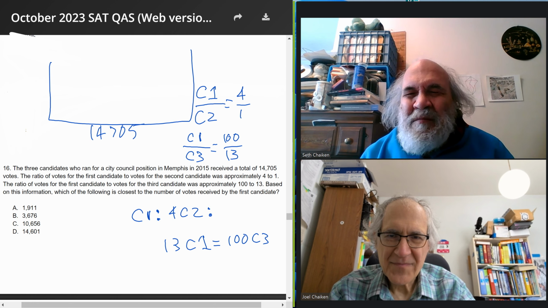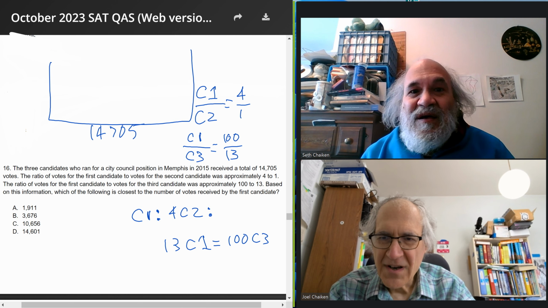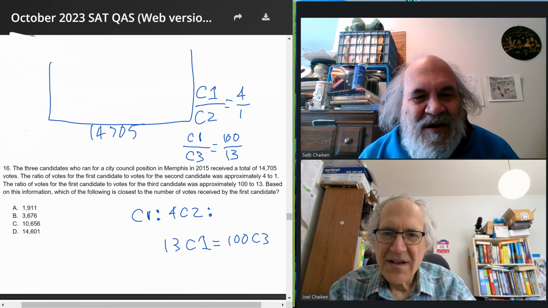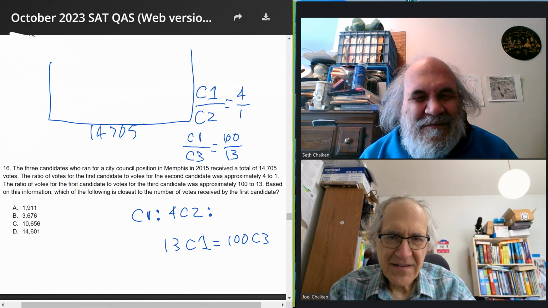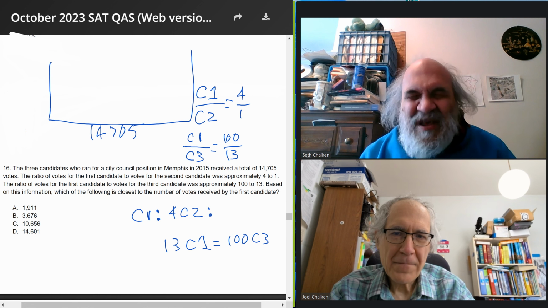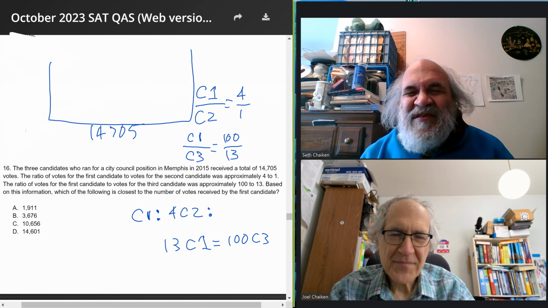What is the number you need to solve for? You need to solve for the number of votes received by the first candidate. What variable is that? Well, that would be C1. So you need to solve for C1. So you have a system of two equations in 3 unknowns.